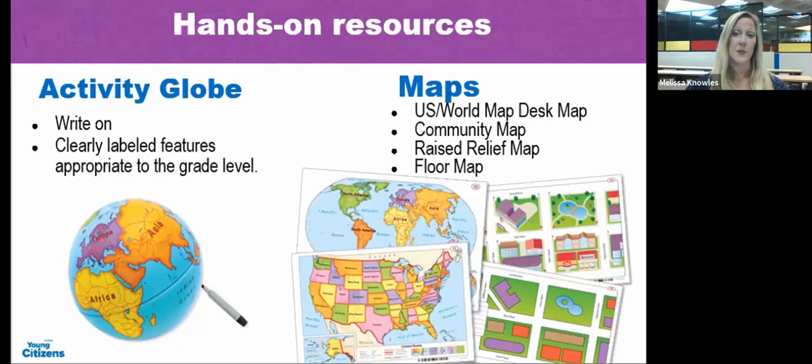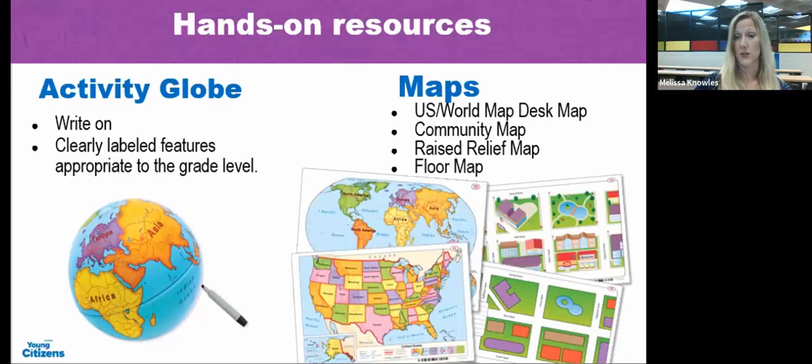The maps are awesome too because they are pretty large maps. They are double-sided, nice thick laminating. Also, you can write on it and wipe off. There's even raised relief maps that the kids like to call bumpy maps, so they can feel the differences in the terrain. They can see how water moves through mountains.